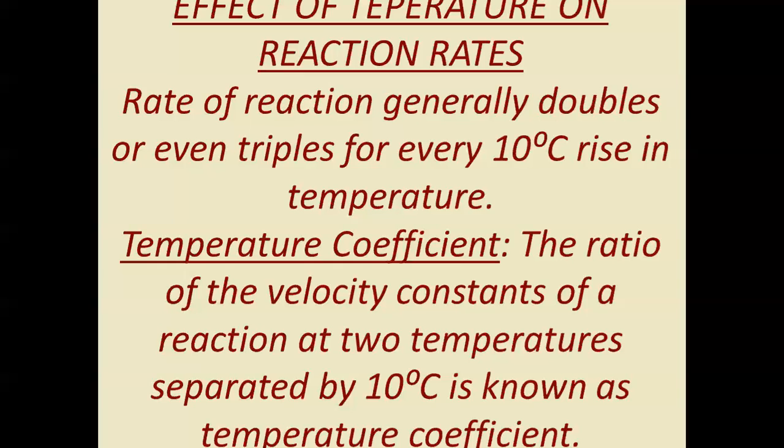So, when the molecules of the reactants are getting energy from the surrounding, we have to supply energy in the form of heat to the surrounding so that molecules can absorb energy from the surrounding. That means we have to increase temperature.